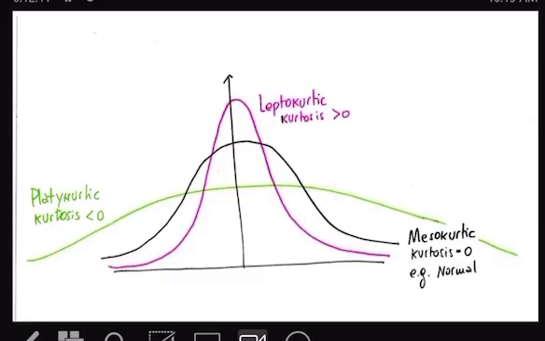So it measures the peakiness. With kurtosis, you'll be able to know whether the tail in the distribution is fat or not, and the peak as well. You want to know the sharpness of the peak.